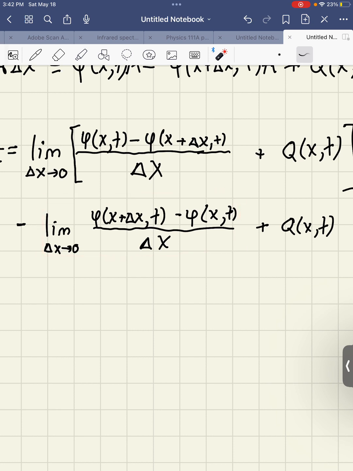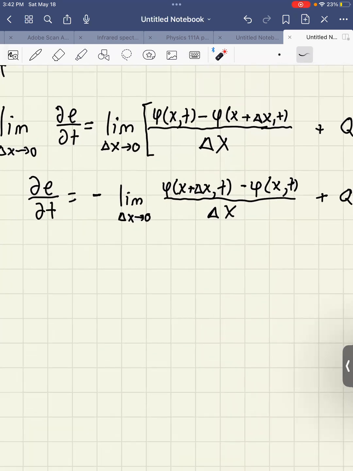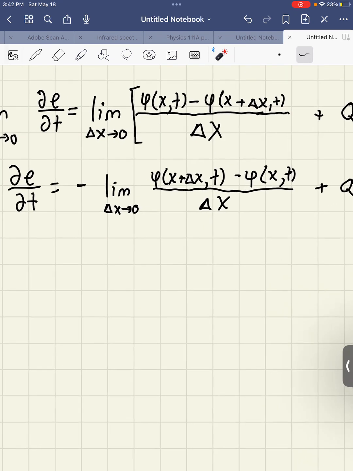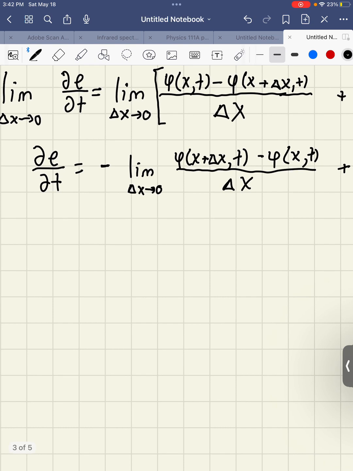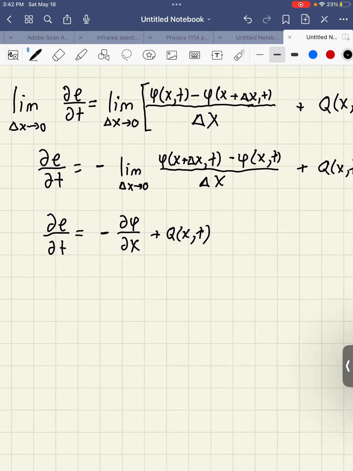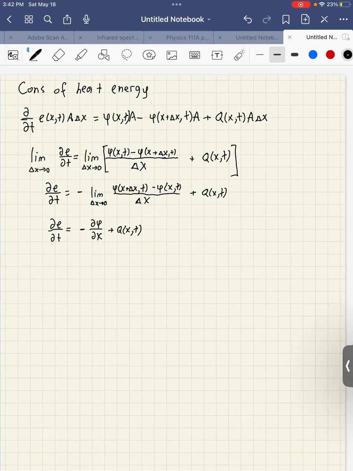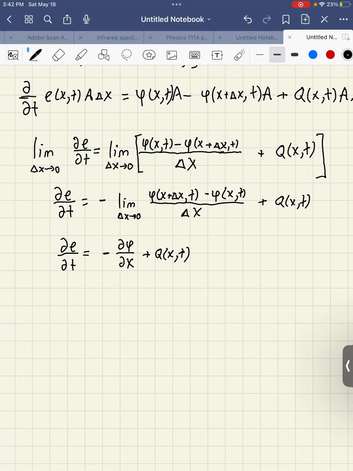So I can rewrite this as the derivative of our heat flux with respect to x. Therefore our changing rate of heat energy density with respect to time is equal to negative partial phi partial x plus our q of x, t.